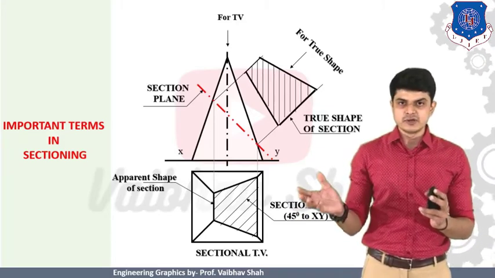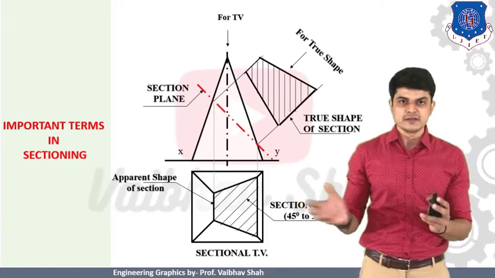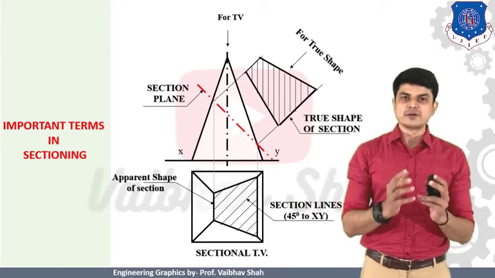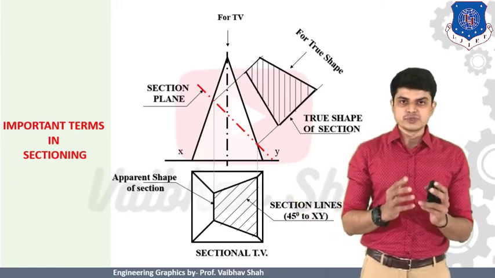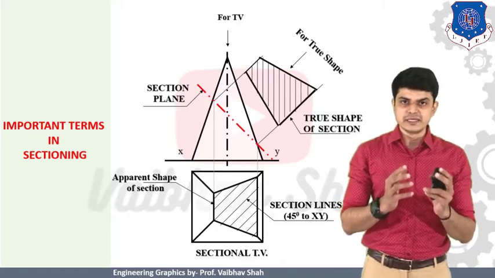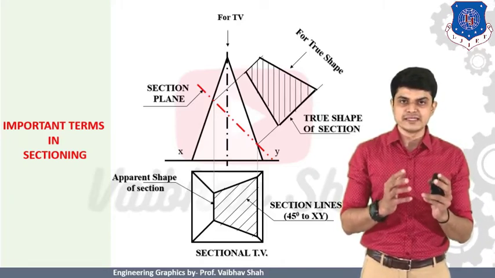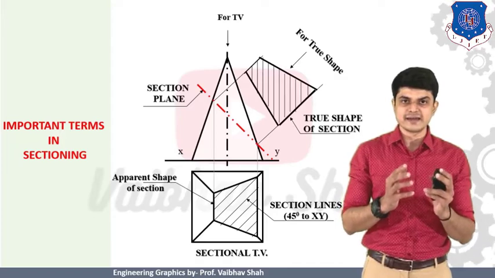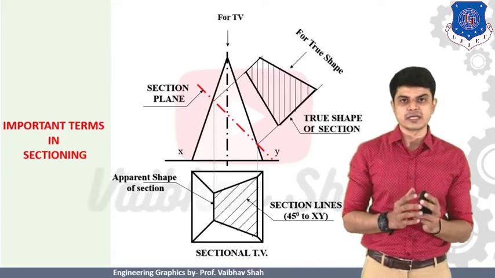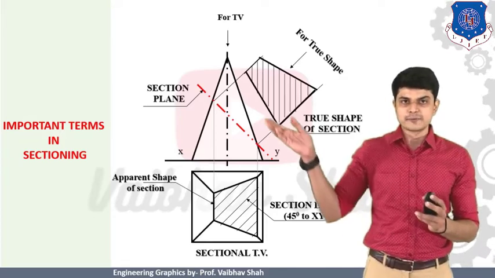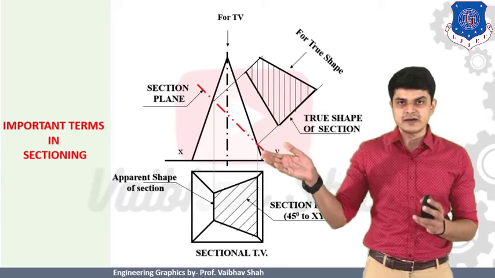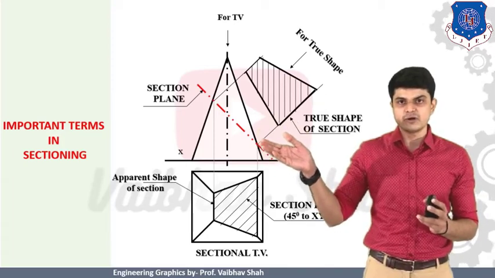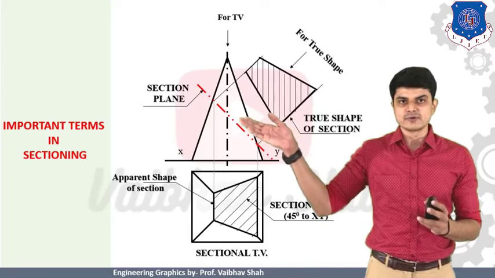Now, is it your true shape of section generated? No. Whenever you try to cut an object, the true shape can be generated only when you try to look at your object in a 90-degree direction to your cutting plane. Here, suppose I have cut the object by a 45-degree line, and I should observe this object at 90 degrees to this cutting plane line.